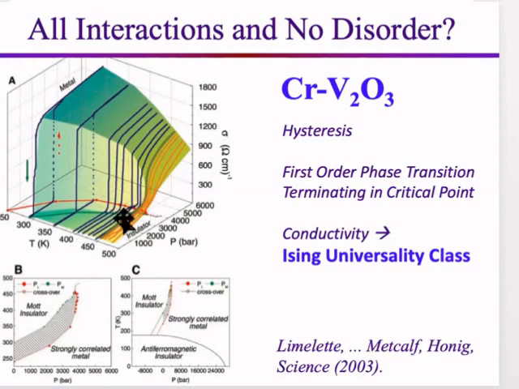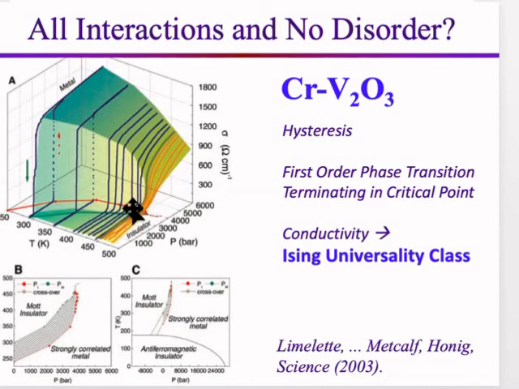And so using a macroscopic transport probe, they argued that, in fact, they were seeing critical exponents based on the shape of these curves as you get close to the critical point. They were arguing that, in fact, they could detect the universality class of the transition, and they argued that it's the clean Ising universality class.